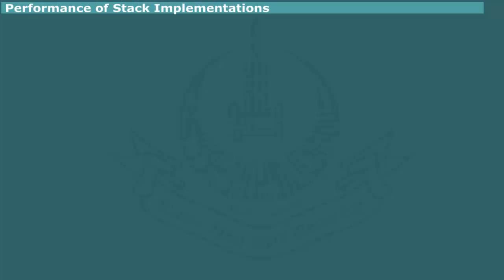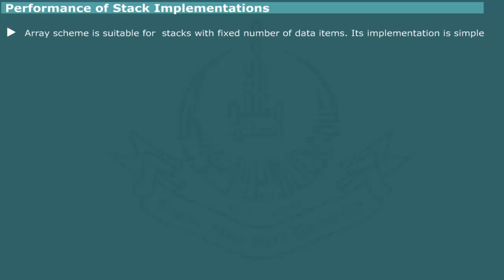Performance of stack implementation. We have seen that array implementation of a stack is simple, short, and efficient. It provides direct access to the topmost element in array. The array implementation is most suitable for applications involving a small number of stack elements of known size.